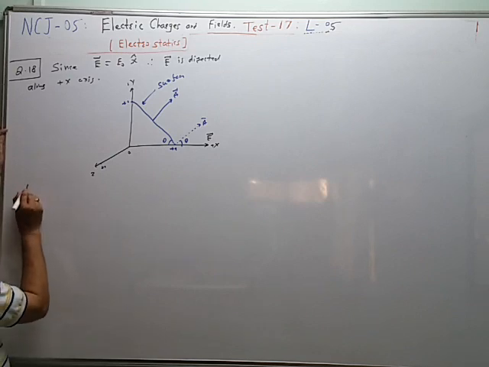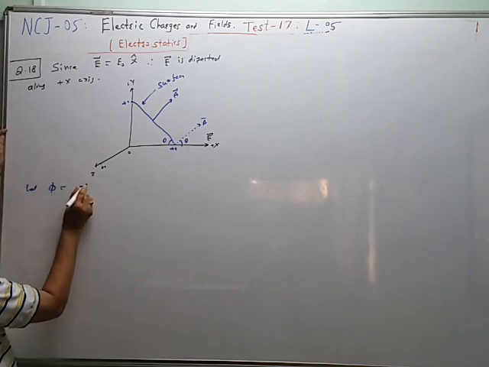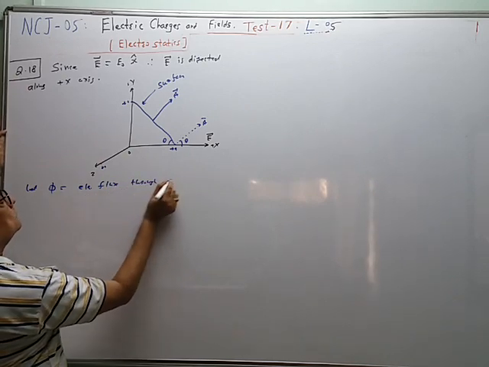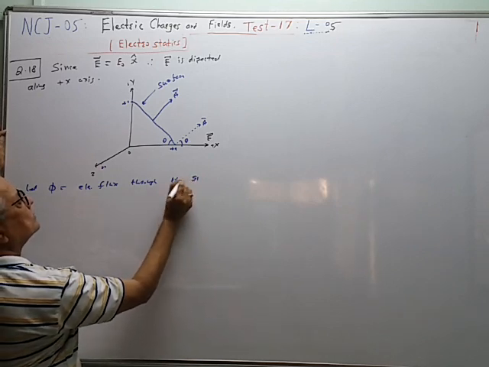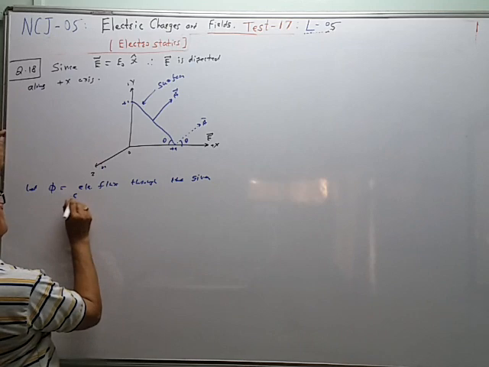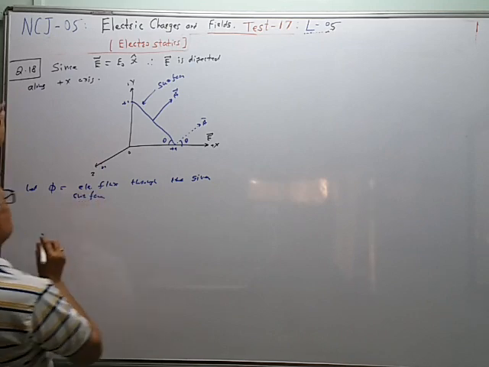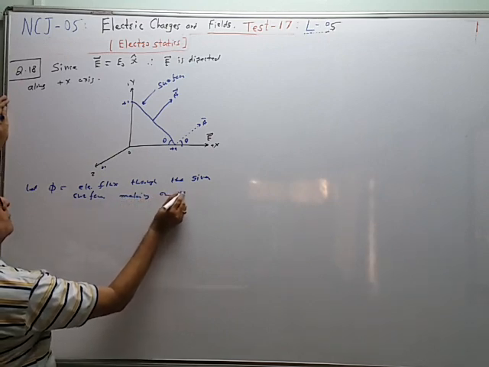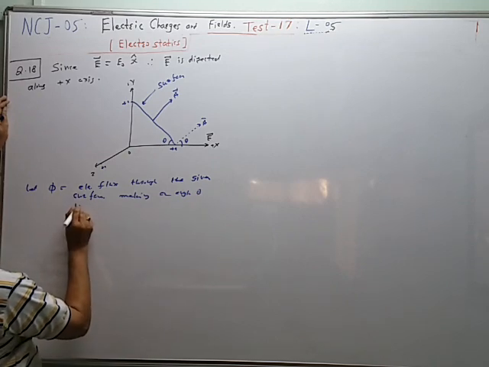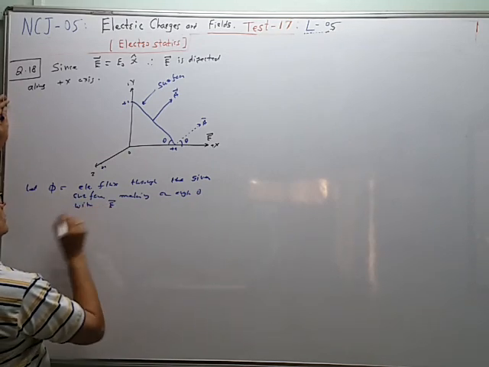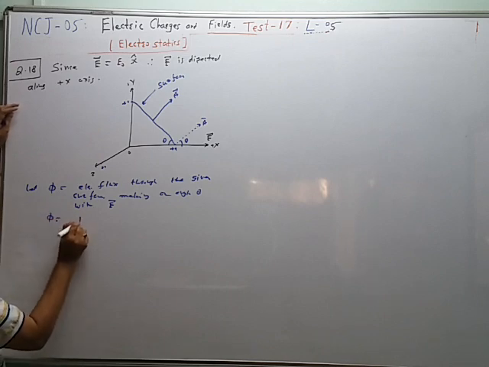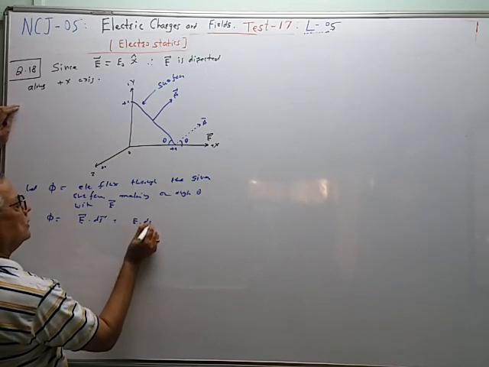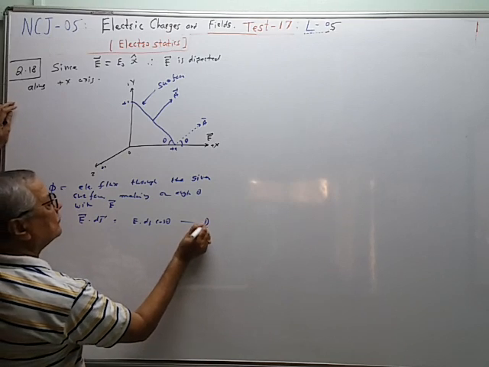So let phi be the electric flux through the given surface, making an angle theta with the electric field E. Therefore phi is equal to E dot dS is equal to E into dS into cos of theta. This is equation 1.